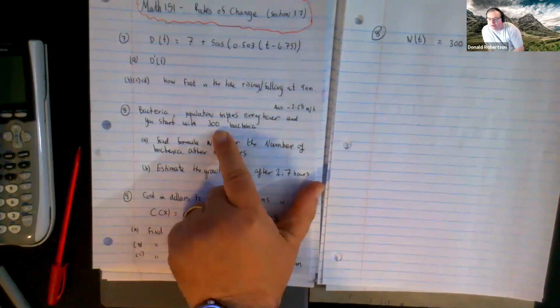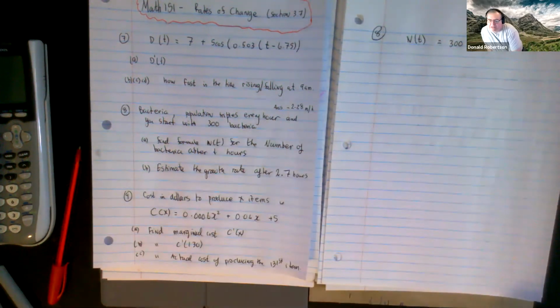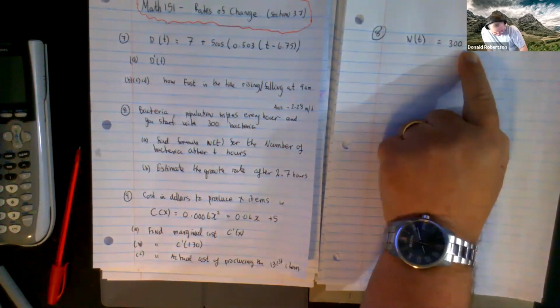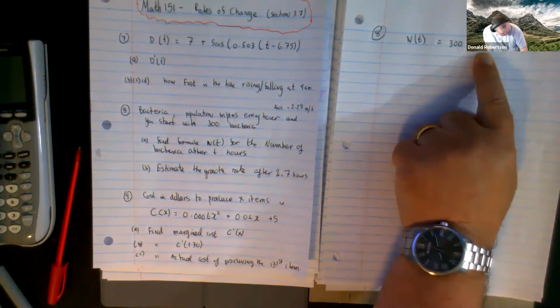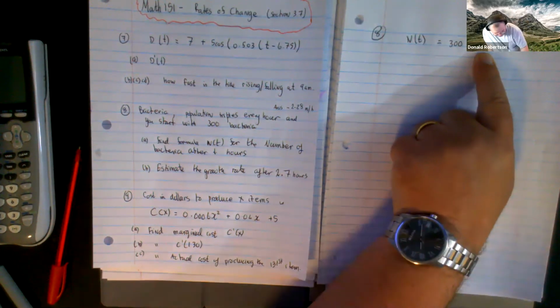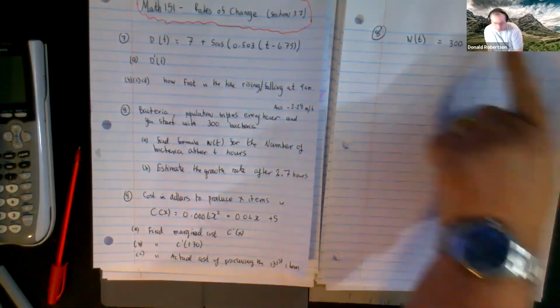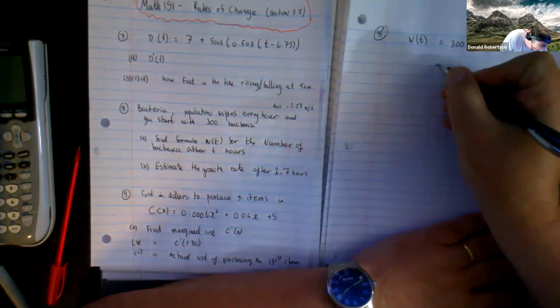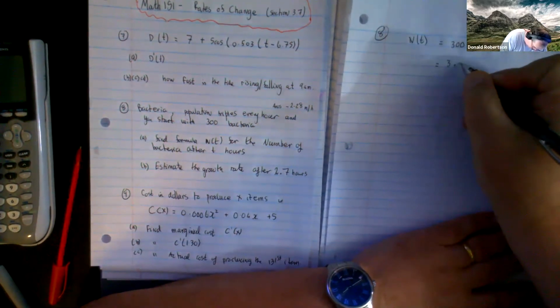Because you start with 300 bacteria. So that's a very easy population model: the amount you start with times the rate at which it is increasing, in this case tripling, to the power of T. And that is a valid answer, but that is not the answer that WebAssign was expecting.